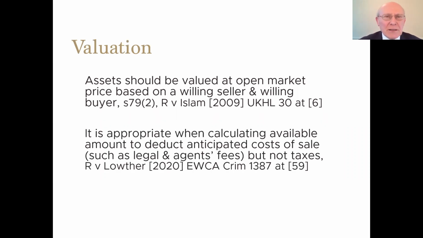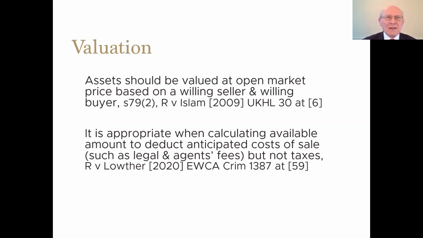It is appropriate in doing this computation for available amount to deduct anticipated costs of sale. So if you're looking at somebody's house which is selling, then there's going to be estate agents' fees, there's going to be solicitors' conveyancing fees, and so on.